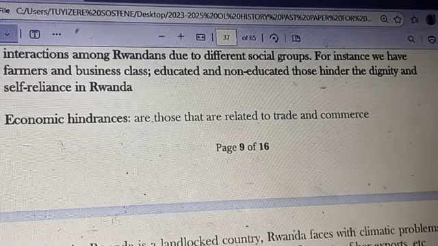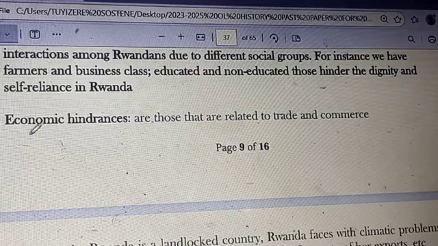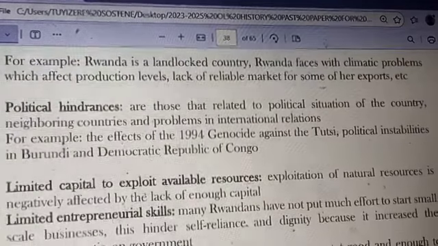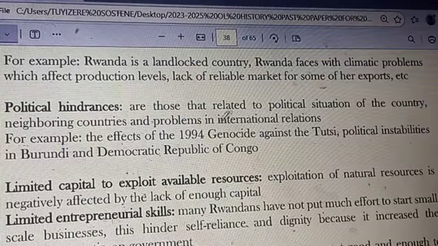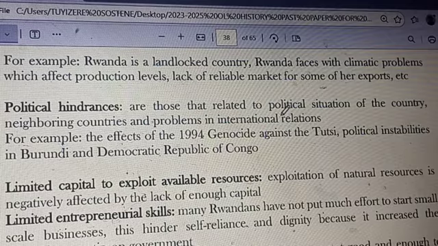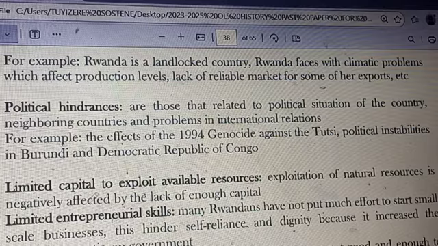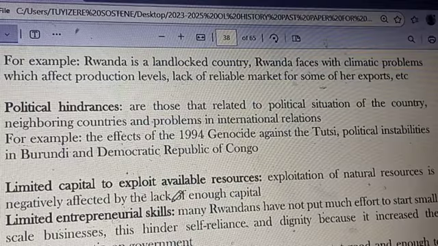Introduction, body, and conclusion. In the body, we have economic hindrances, those that are related to trade and commerce. For example, Rwanda is a landlocked country. The next is political hindrances, those that are related to the political situation of the country, neighboring countries, problems in international relations. The next is limited capital to exploit available resources.